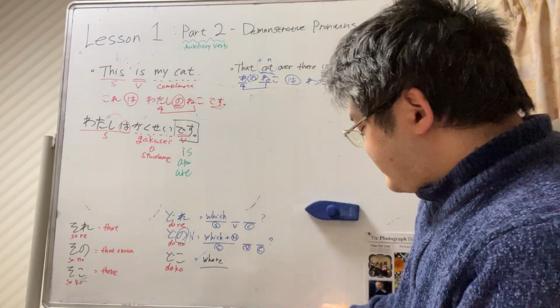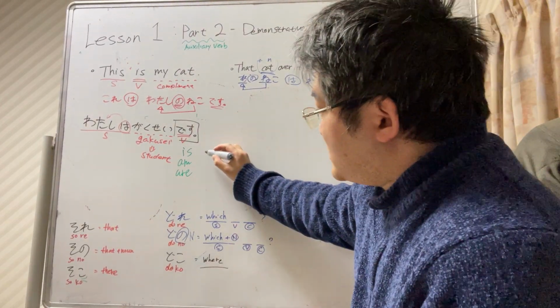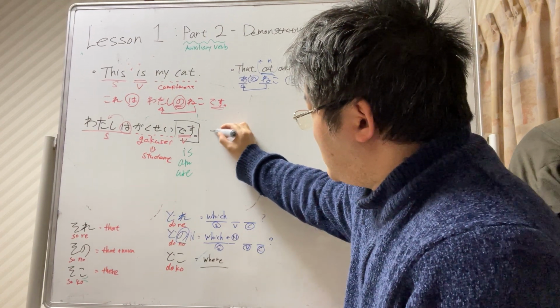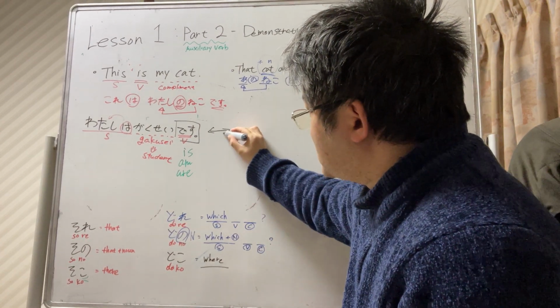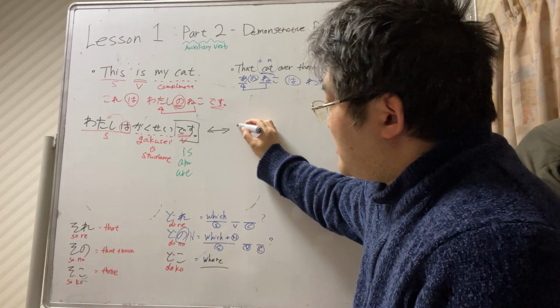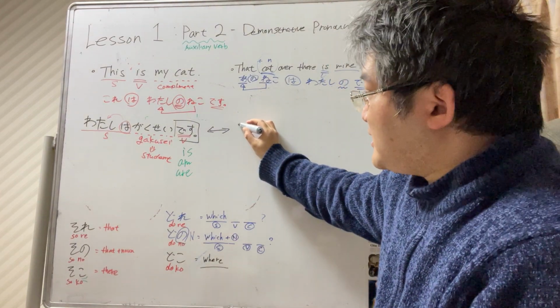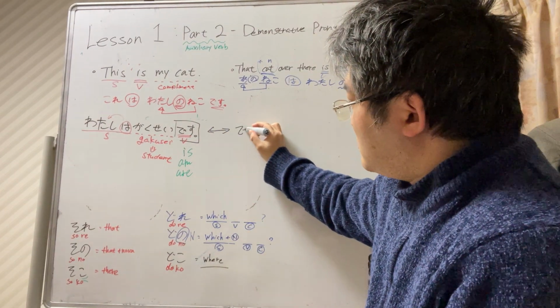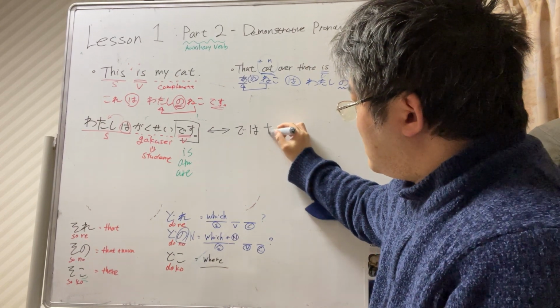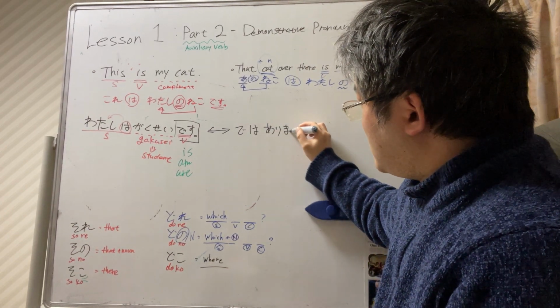So if you want to negate it, negation here, you only have to change the very end, desu, into de wa arimasen.